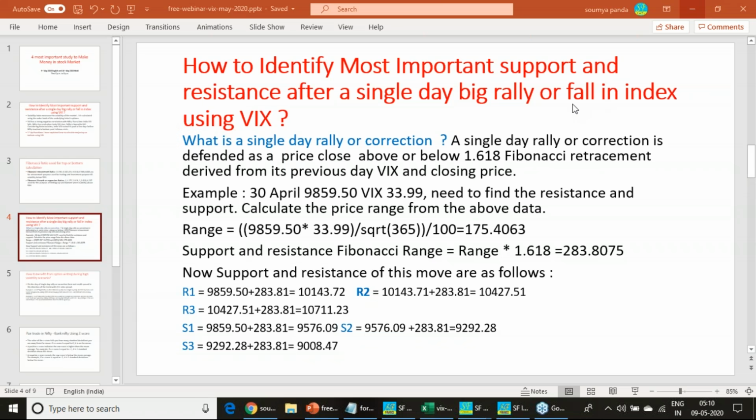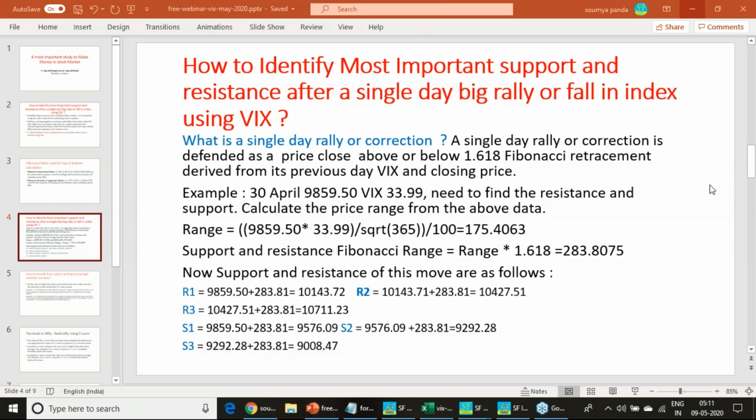In this program, you are going to learn one more use of VIX. When a single day big rally or fall happens, your immediate attention goes to what the supports and resistances will be. So what is a single day rally or fall? That you need to define first.